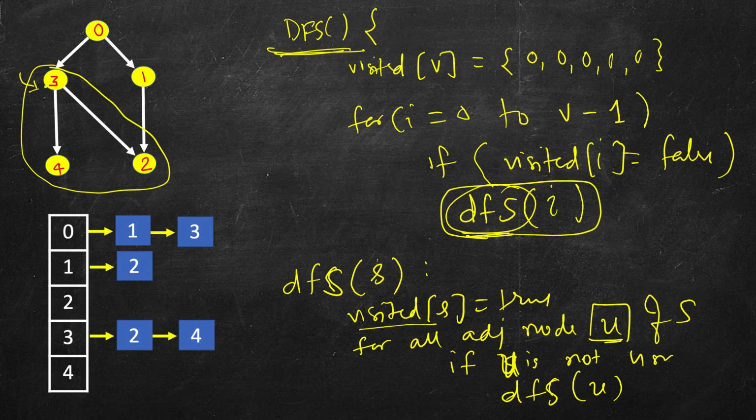So if we start from 3, it will visit these and return. Then here it will check which is the next node which is unvisited, and again start from there, let's say 1. So it will again traverse just 1, 0 will still be unvisited.